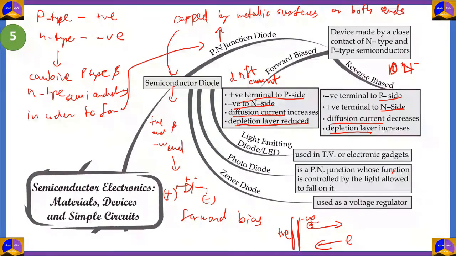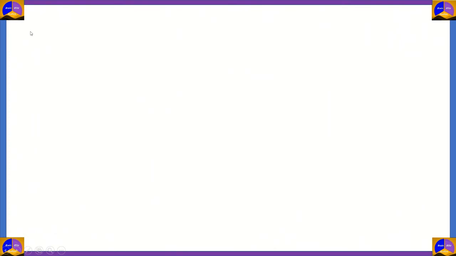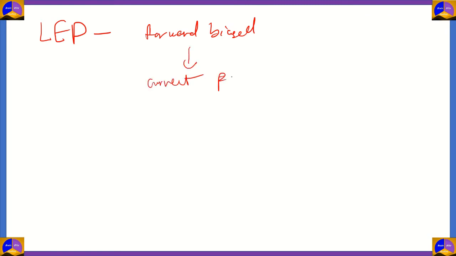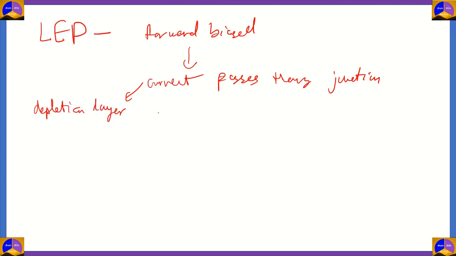Now, over the years, we have used diodes in various other ways. One of them is what we call an LED. It is known as a light emitting diode. In a light emitting diode, the semiconductor diode is forward biased. And when the diode is forward biased, current passes through the junction. And when current passes through the junction, the depletion layer slowly disintegrates.